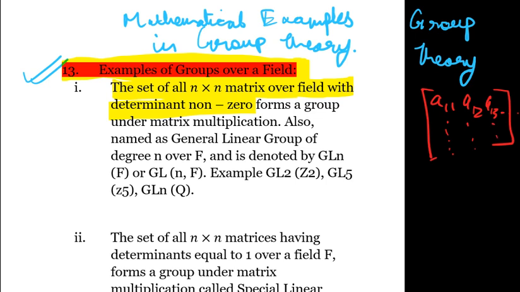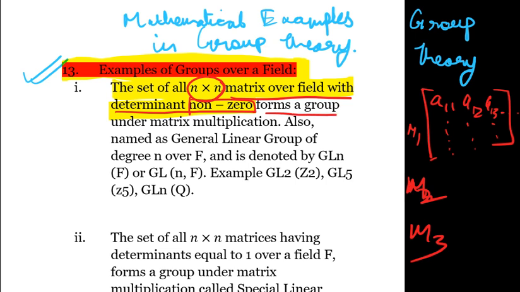If you have a set of n cross n matrices, meaning many matrices like M1, M2, M3, of different types, and their determinant value is non-zero, then it forms a group under matrix multiplication, also named the general linear group.